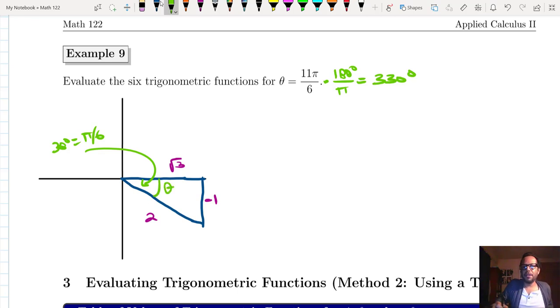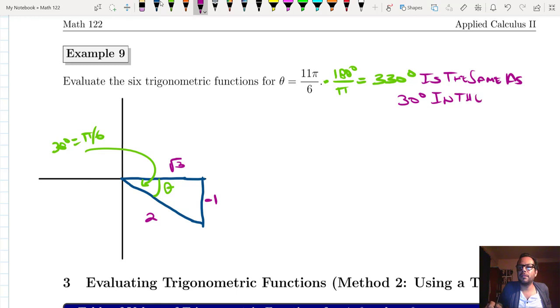Okay, this 330, right? 330 degrees is the same as 30 degrees in the 4th quadrant.